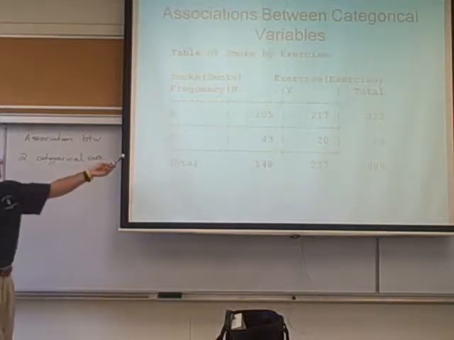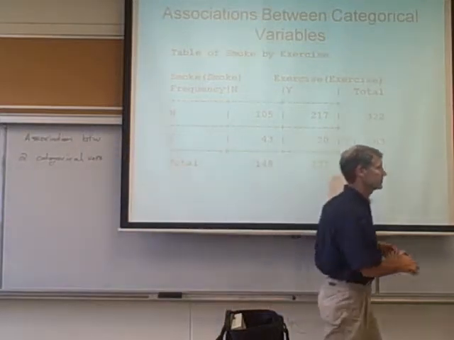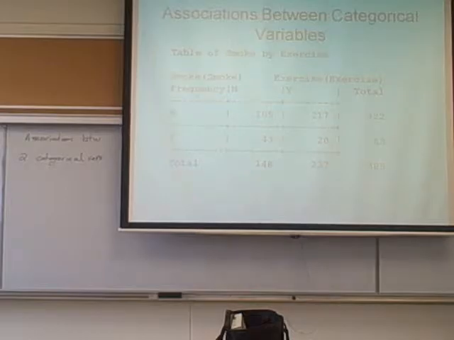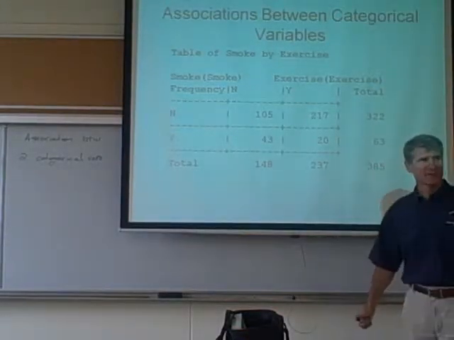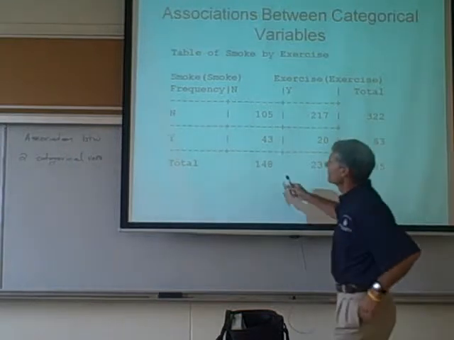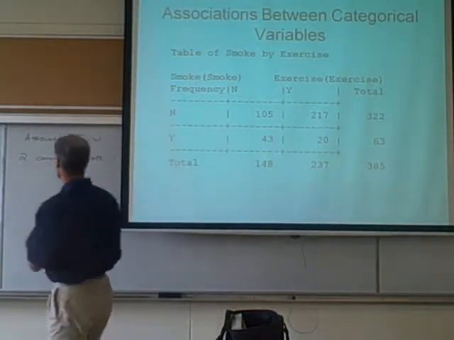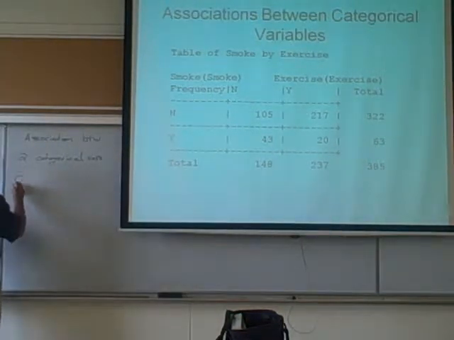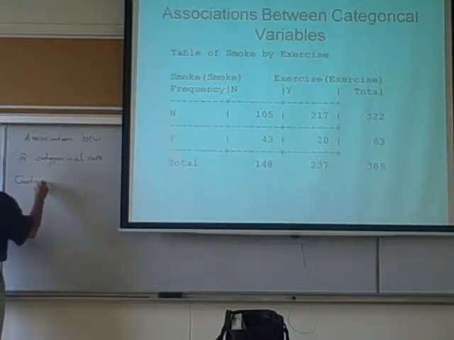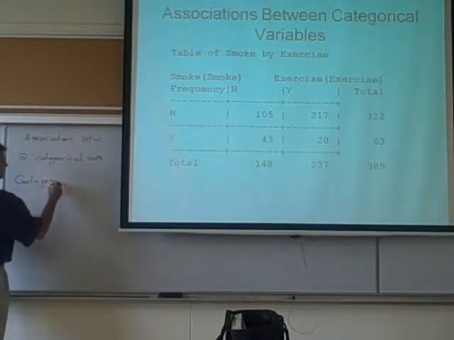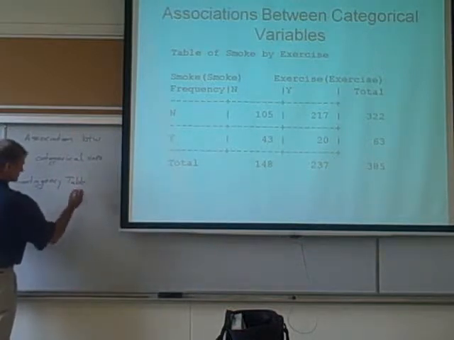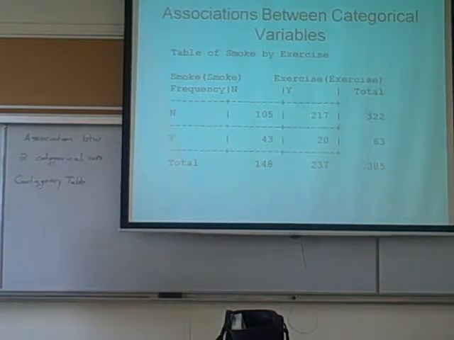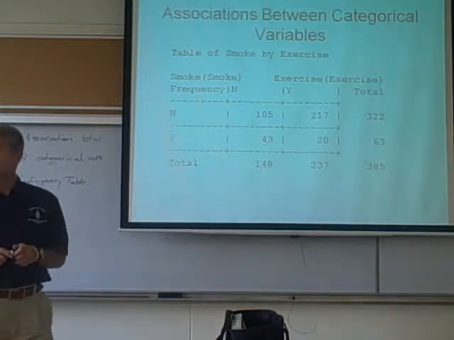Well, what I'm showing here, let me dim the front so it's a little easier to see. Did that help at all? This is called a contingency table. Remember when we did frequency tables?